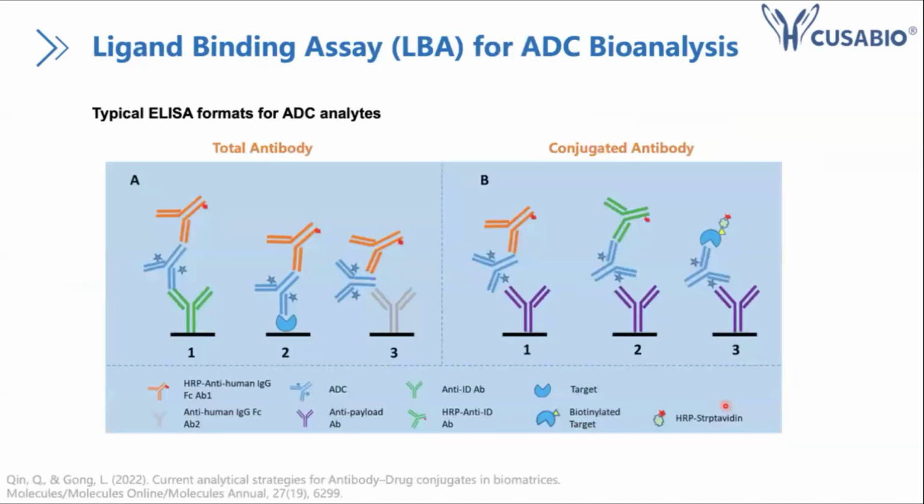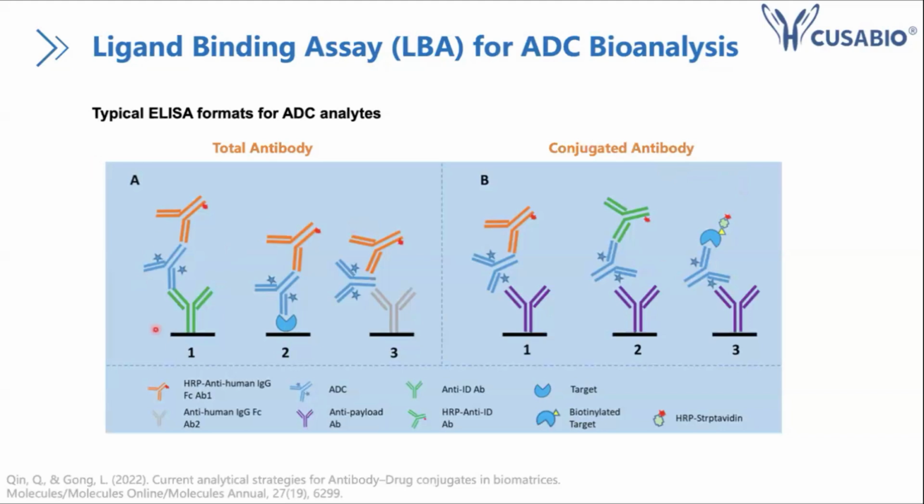So from here, I will focus on the specific analytical methods. The method that I will talk about here is the ligand binding assay for the total antibody assessment and the conjugated antibody assessment. The format here is the typical ELISA format for each part of the assessment.